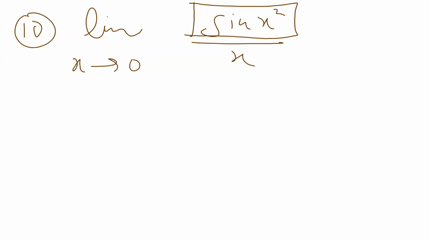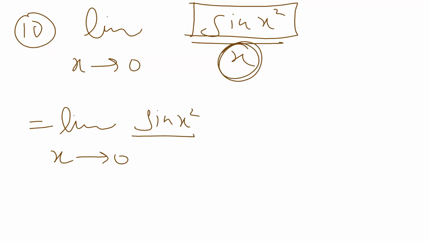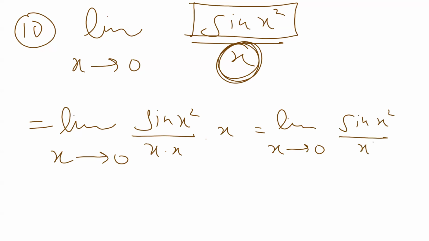So beneath, below the sine term, which term should be there? x square. Very good. To make it x square, multiply and divide by x. So limit x approaching 0, sine x square upon x square, into x.